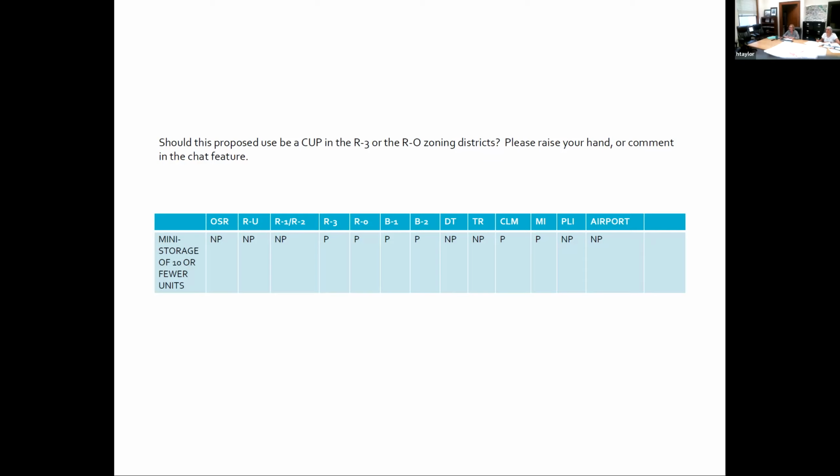So to clarify, when you say in residential, does that include R1, R2 in addition to R3 and RO and RU? Sorry, I'm just going to unmute for a minute. Just the ones where it is currently permitted. Change that to CUP. Yeah, okay.